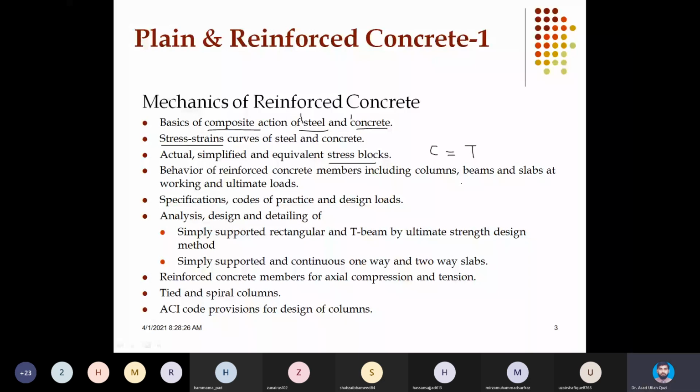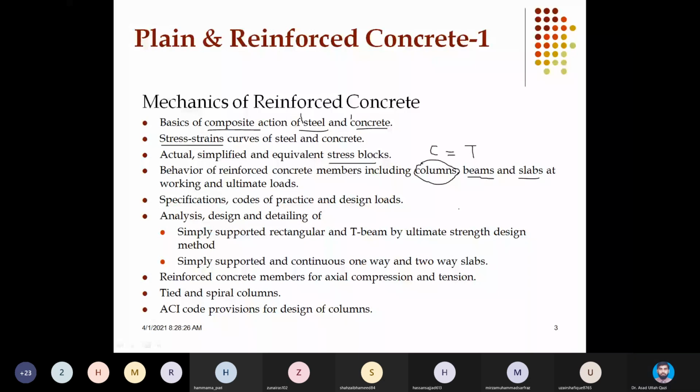But as I said, here in this subject we will focus more on beams and slabs, while columns we are going to discuss in detail in PRC2 next semester subject.